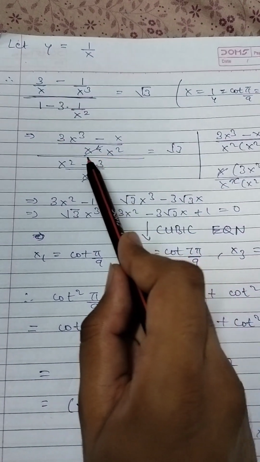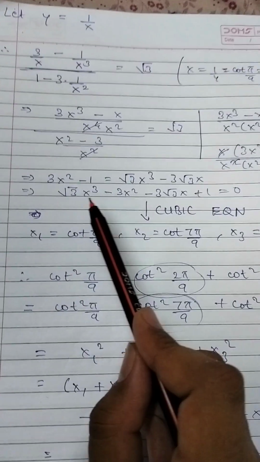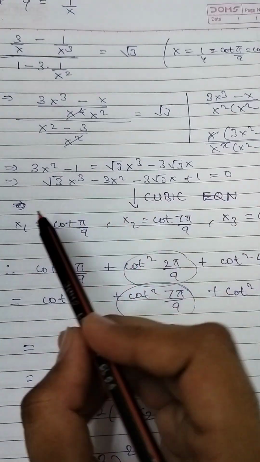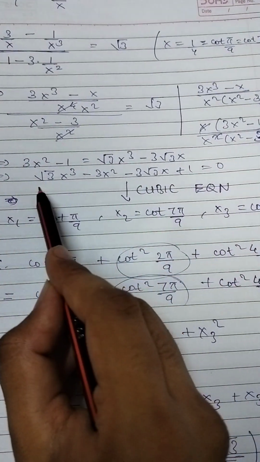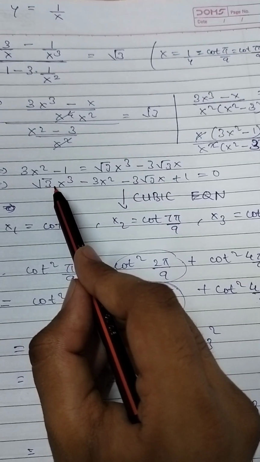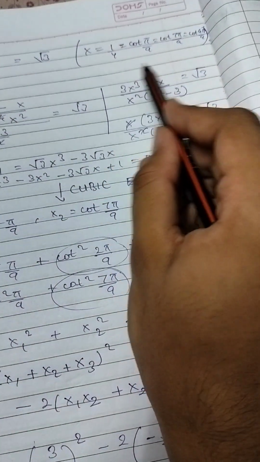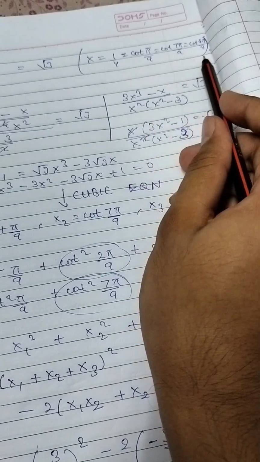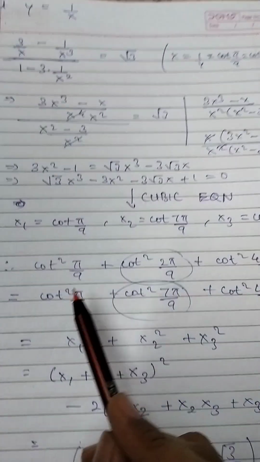Now simplify this equation, simplify it again, and simplify it more. You get this cubic equation. Finally you get a cubic equation which has these three as its roots.